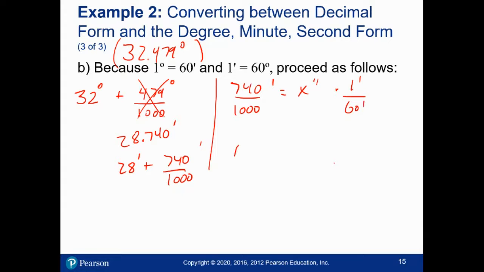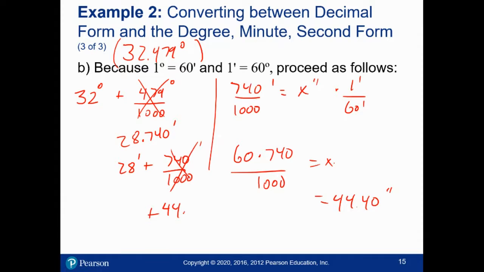So if I multiply both sides by 60, we get 60 times 740 over 1,000 is how many seconds this was. And again, I'm just going to pull off a calculator on another screen and do 60 times 740 divided by 1,000, and it's 44.40. So I'm going to replace the 740 out of 1,000 minutes with 44.40 seconds.